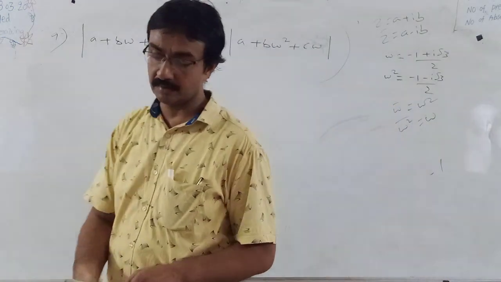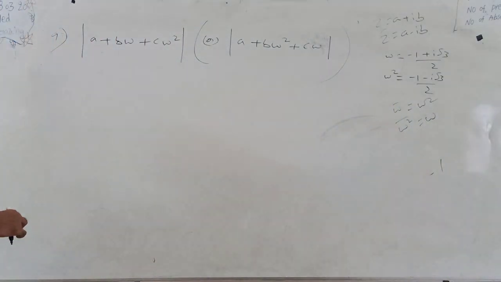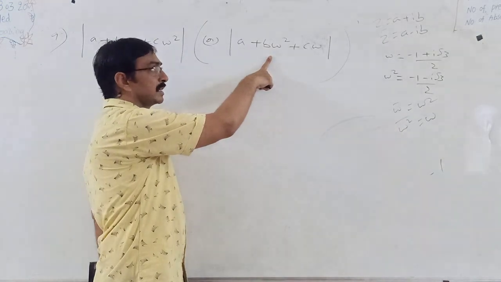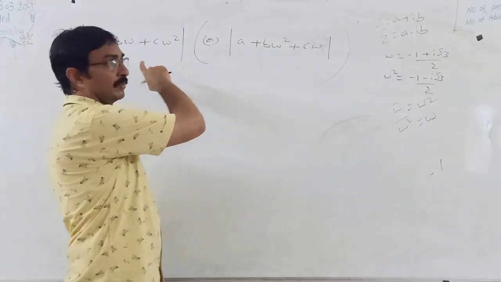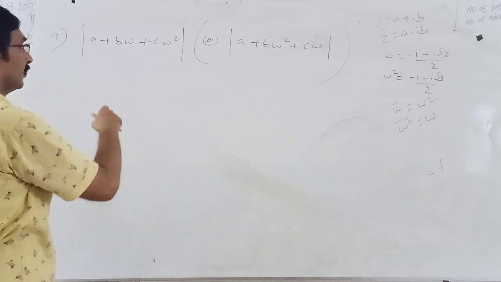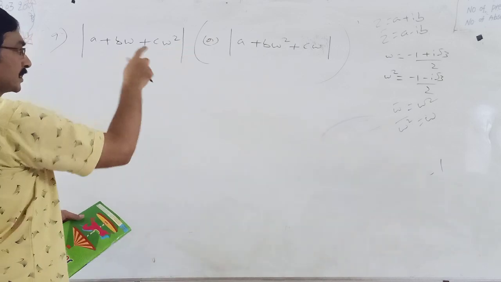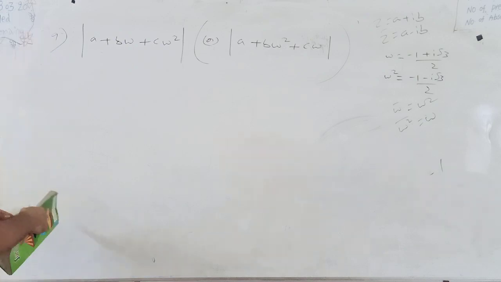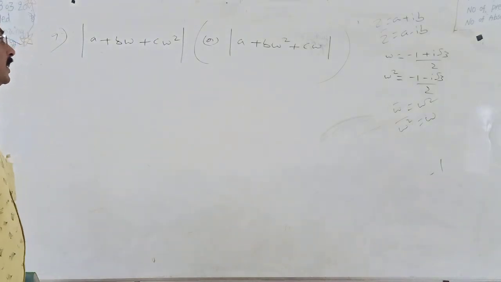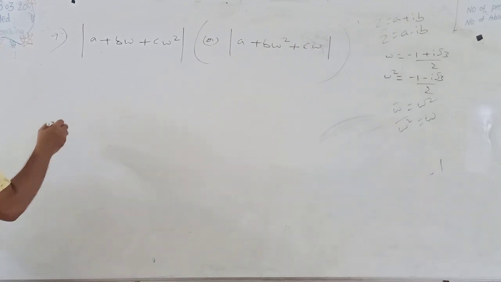This is the previous problem, important. They can ask the first one or the second one. Actually the previous problem was the sum of the values. What is the minimum? What is the maximum value of the sum of these two? Sorry, minimum value. Maximum value cannot be defined, it goes up to infinity. Minimum value exists.